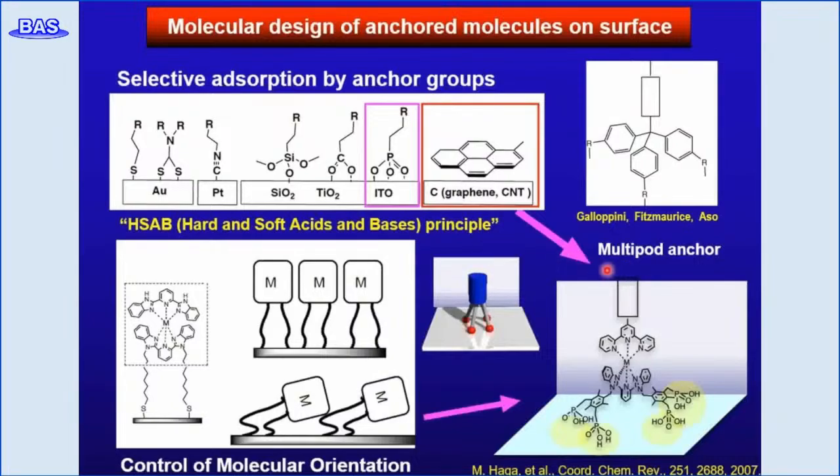In order to control the orientation of molecules, it is important to introduce multipod anchor groups in terms of electron transfer to and from the electrode. The partial structure of tetrapod phosphonic acid, which has been synthesized in our group, is shown here.